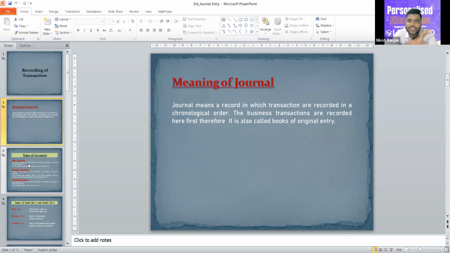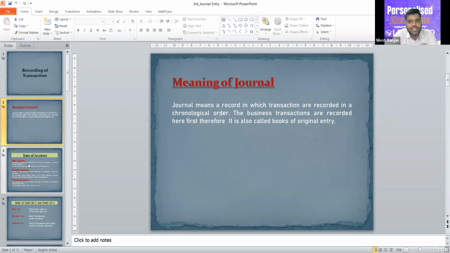In the same manner, you can assume the assets of different business organizations, and that will be our real account. So any item which we can transfer, receive or give is a real account for the business.